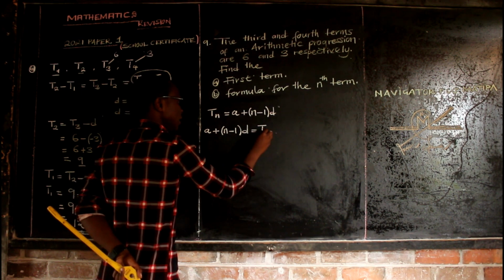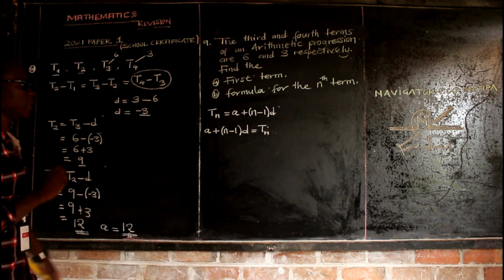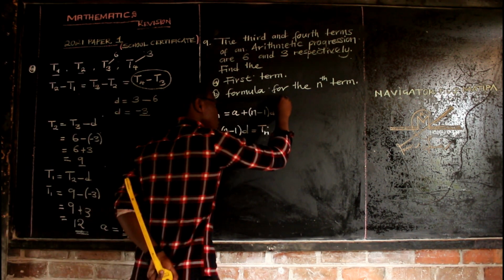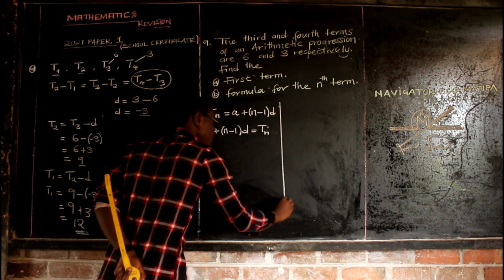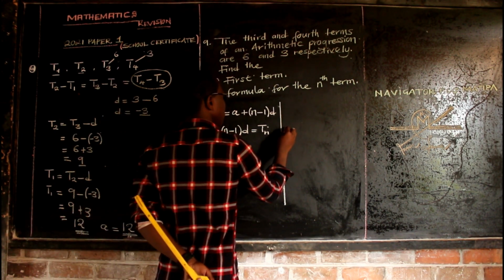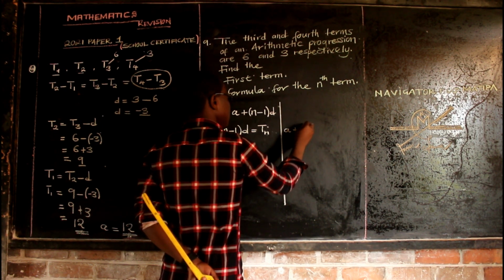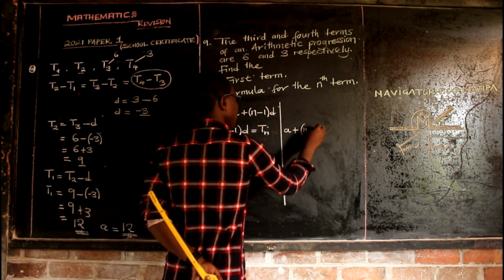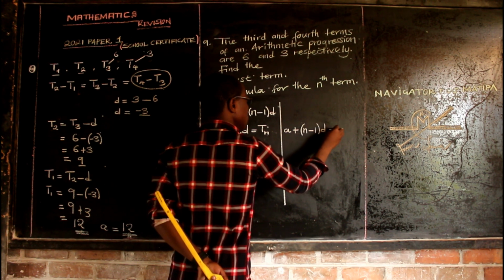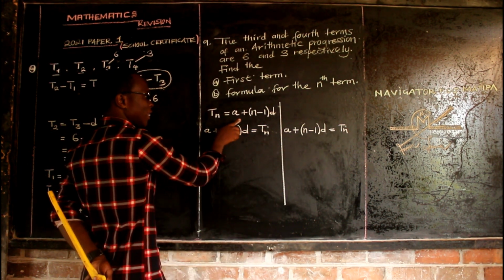Okay, so in this case, let me find two values. We also have been given the fourth term, so you can say a plus open brackets n minus 1 then close d is equal to tn. Okay, so this one is going to be for the third term.